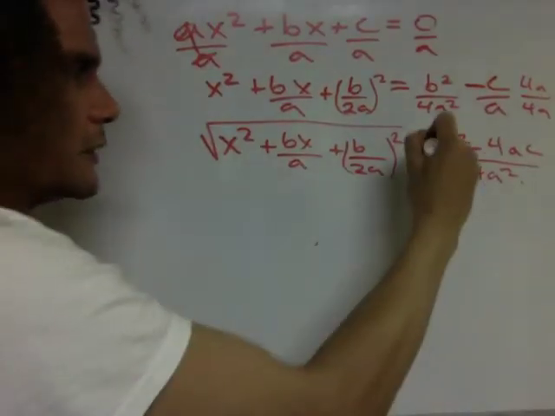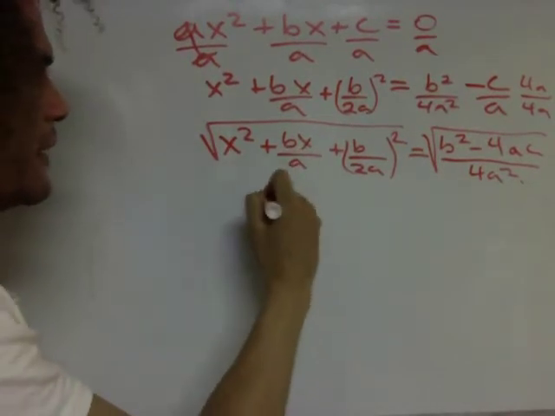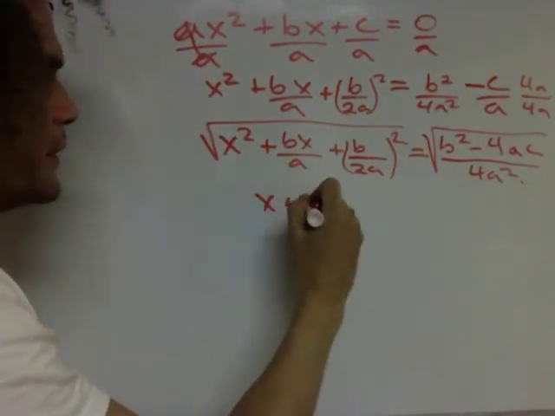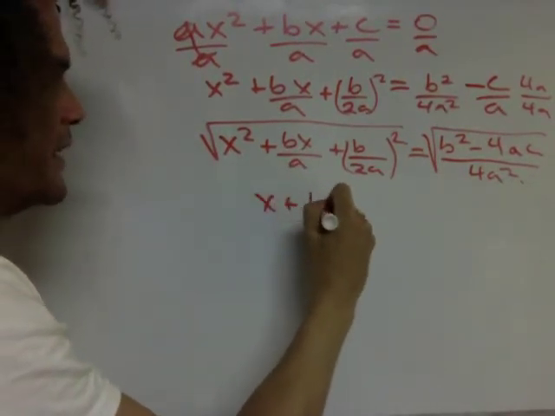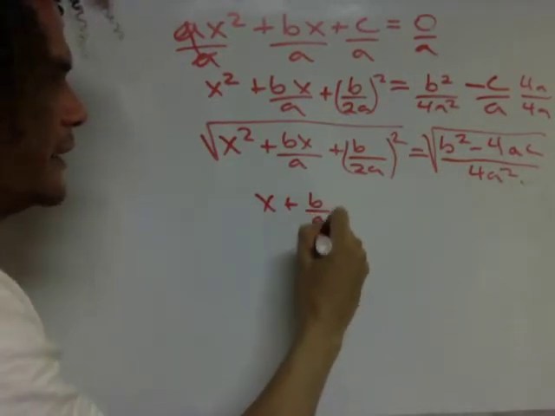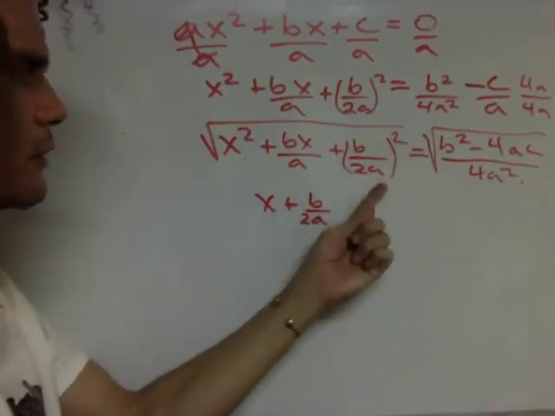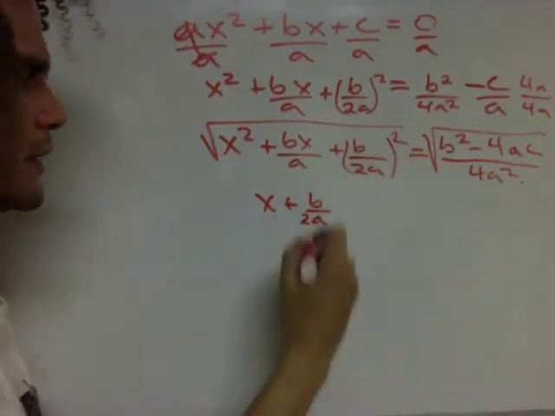And you know what? Get the square root of that too. Okay, so now what do I have? Now I have x plus b over 2a. There you go. Because I took the square root of that, so that's all it is.